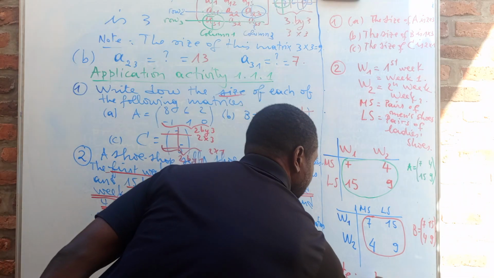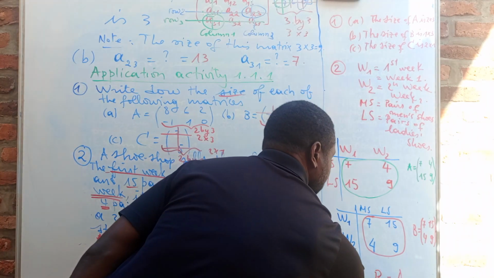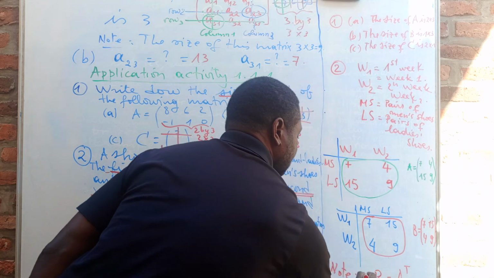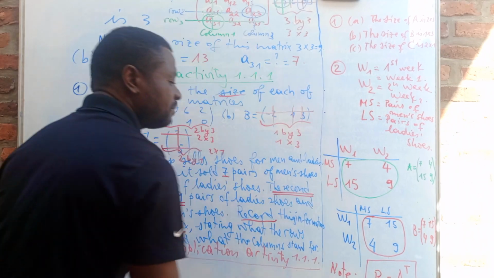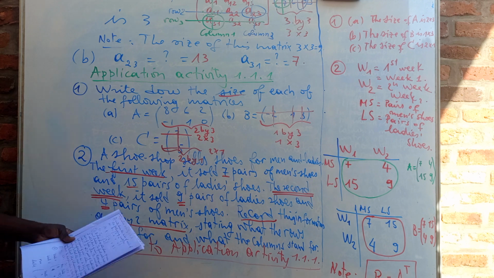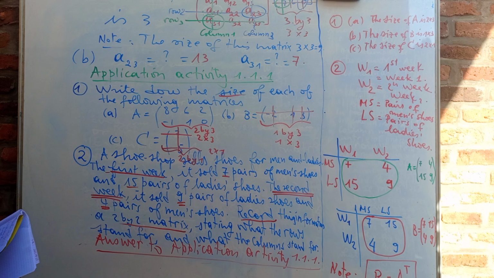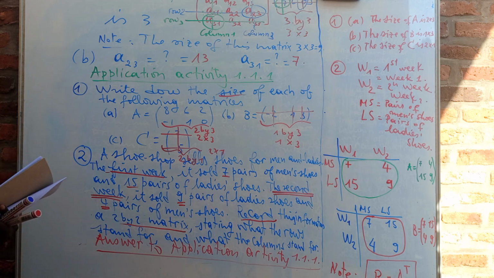This means that matrix B is just the transpose of matrix A. But both can represent this information in the question.